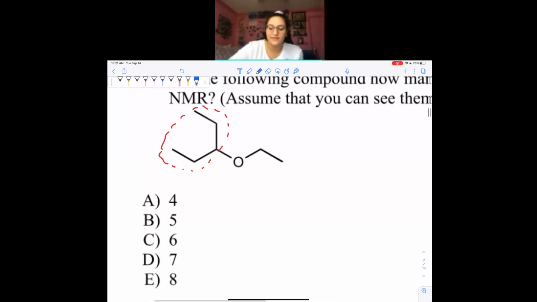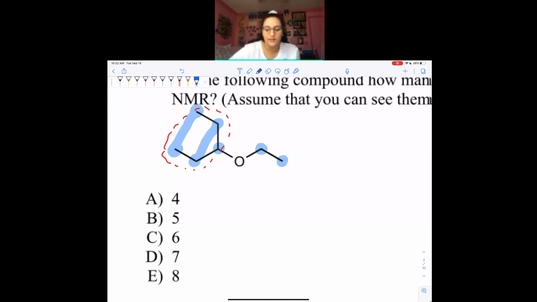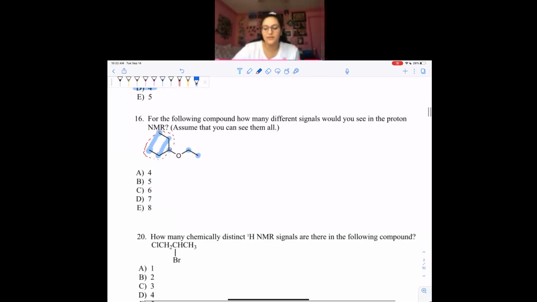But we can basically say that this and this are the same. This and this are the same. And then this is all by itself. And then on the opposite side of the oxygen, we have 1 and 2. So in total, someone said it in the chat, we do have 5 signals.